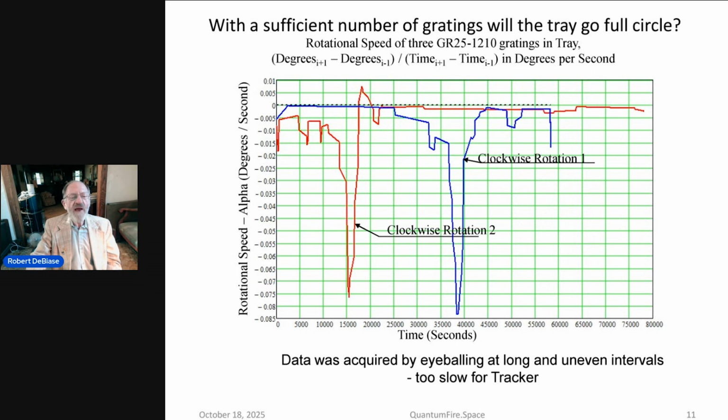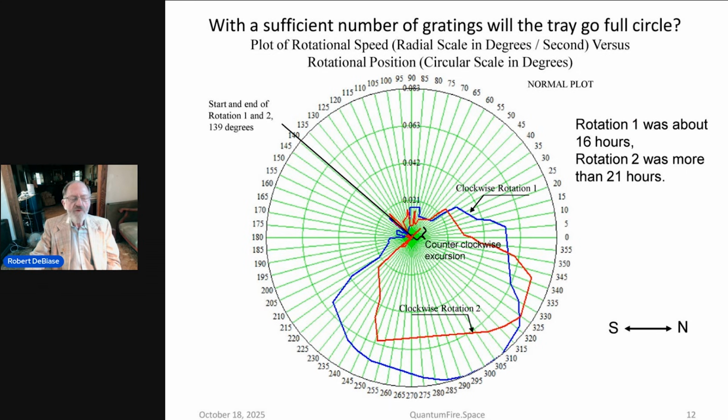It goes counterclockwise and then reverts to going clockwise again and completes the full circle. And the data was acquired by eyeballing at long and uneven intervals, which is another reason why the plot is so crazy. It's too slow for Tracker. So plotting these, you see, they both go full circle. They both go around the center.